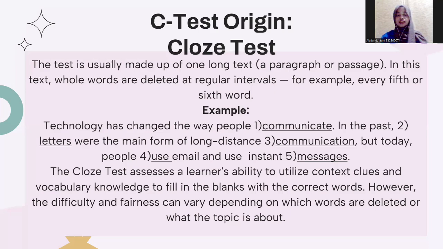So the cloze test assesses a learner's ability to utilize context clues and also their vocabulary knowledge to fill in the blanks. The difficulty and fairness can vary depending on which words are deleted or what the topic is about.